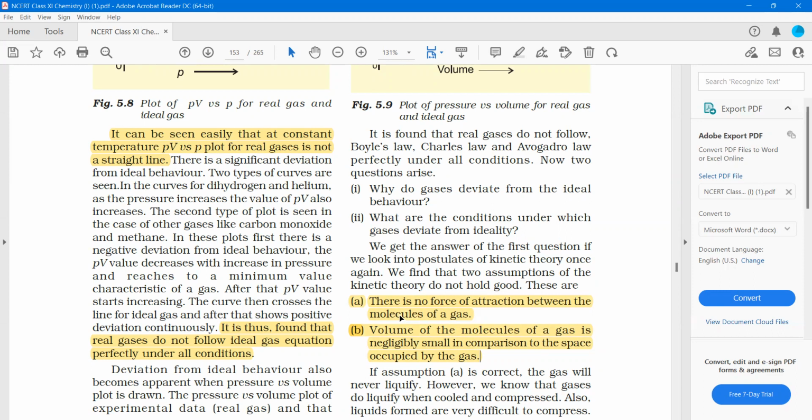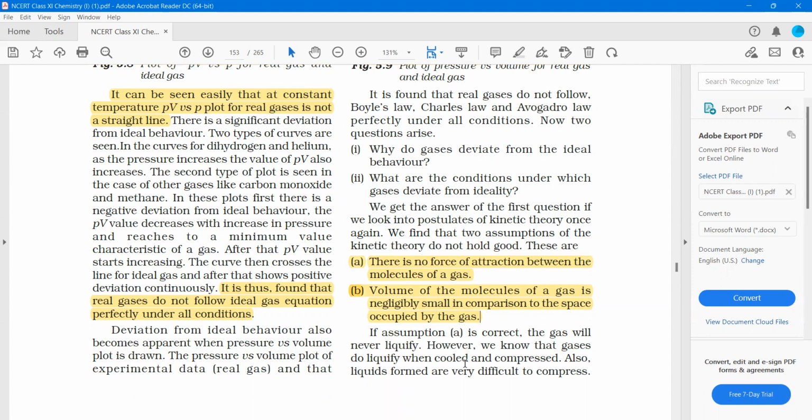So these two assumptions, that there is no force of attraction between the molecules of a gas and that the volume of the molecules of the gas is negligible in comparison to the space occupied by the gas, are not true in case of real gases. If assumption A is correct, the gas will never liquefy, but in real sense, gas does liquefy, right?